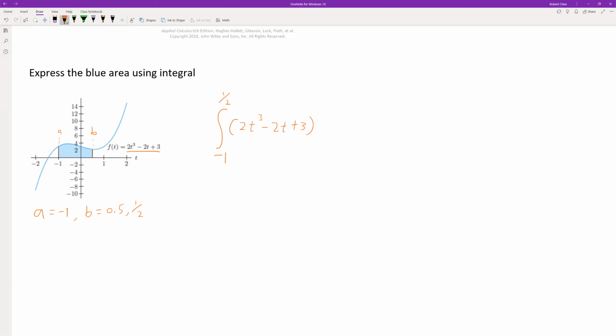Now notice that here the independent variable is t. So at the end, we have to add a dt. And that's it, area. So keeping track of the independent variable.